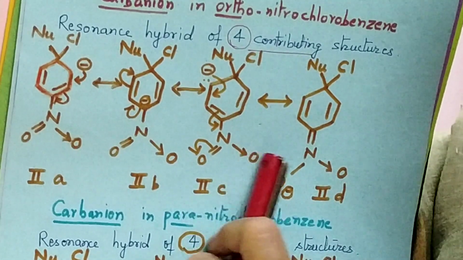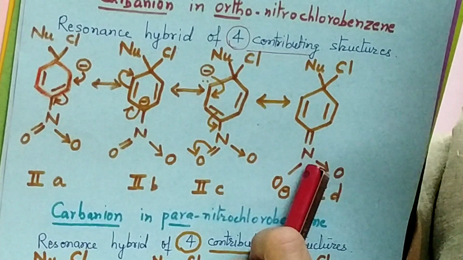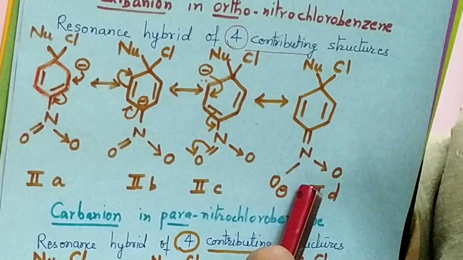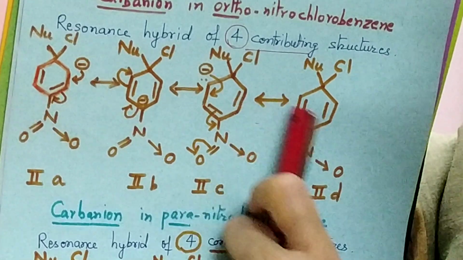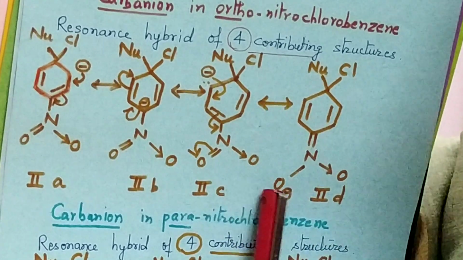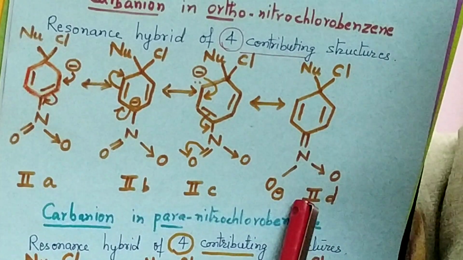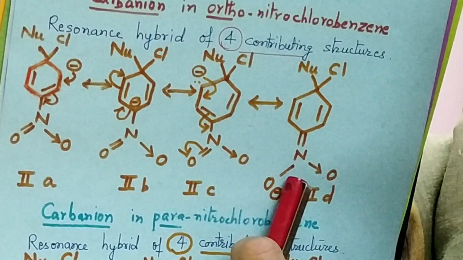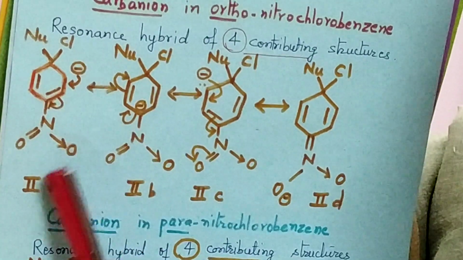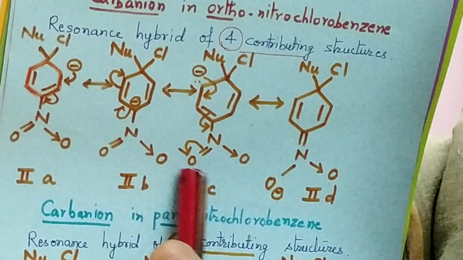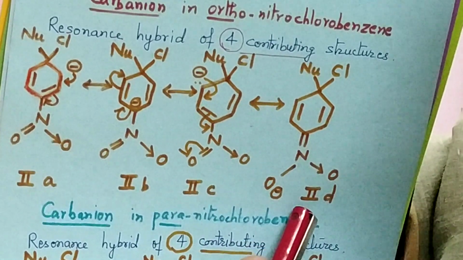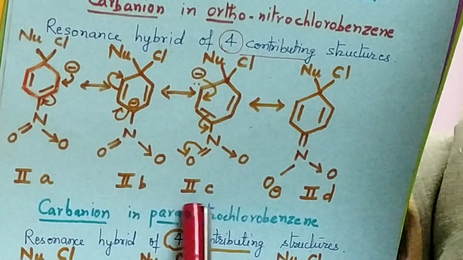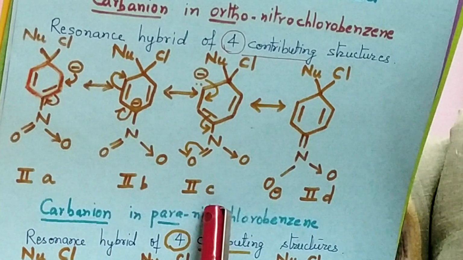Hence, the nitro group can accommodate this negative charge, giving rise to one additional structure. The structure is this, structure number 2D, which is the extra structure being formed in this case. So, structures 2A, 2B, 2C and 2D are the 4 resonating structures formed in the case of para-nitrochlorobenzene.